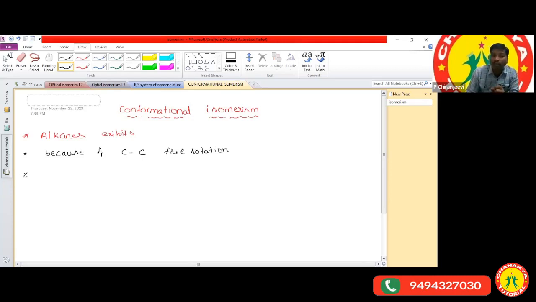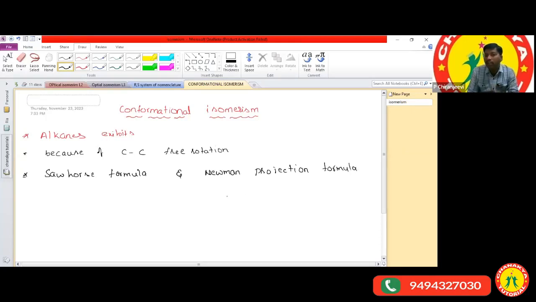Okay, conformational isomerism can be represented with Sawhorse formula and Newman projection formula.